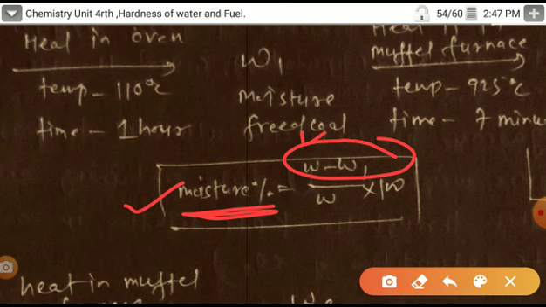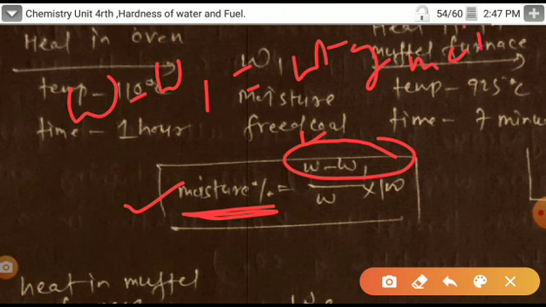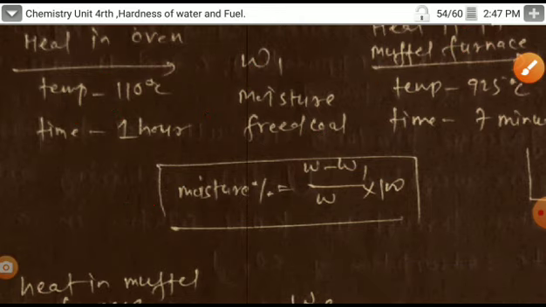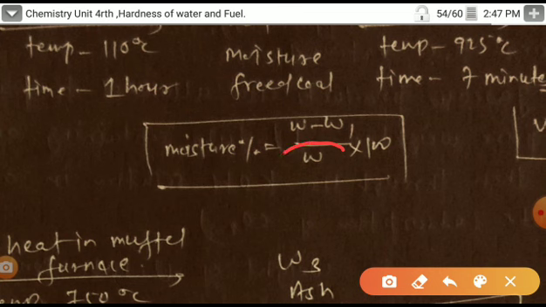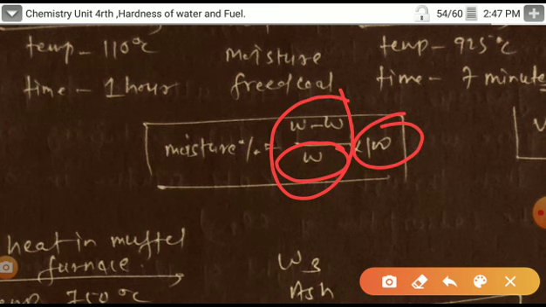Divide this by the actual weight of the coal which you have taken into the crucible. This quantity is multiplied by 100 to determine the percentage value of the moisture.